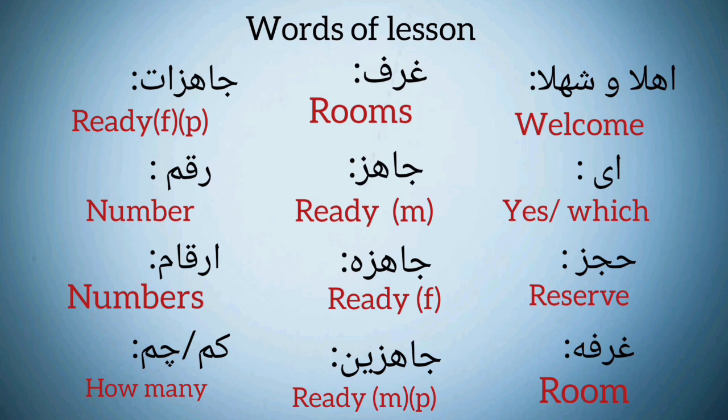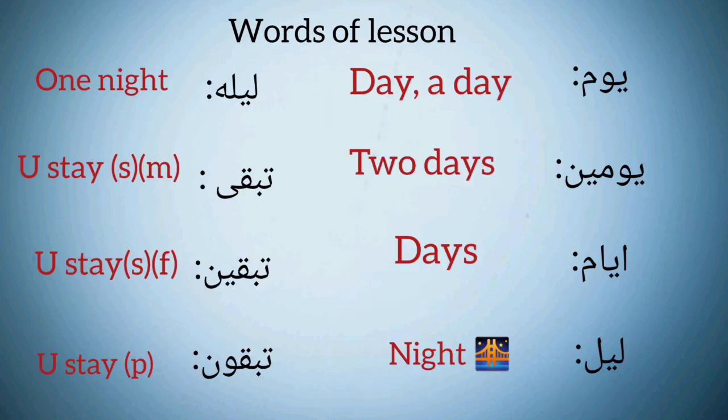And كم means how many. كم نفرات, how many people are you. يوم means day or a day. يومين means two days, and it's مثنى, the dual. أيام is plural, means days. ليل means night, and ليلة means one night.